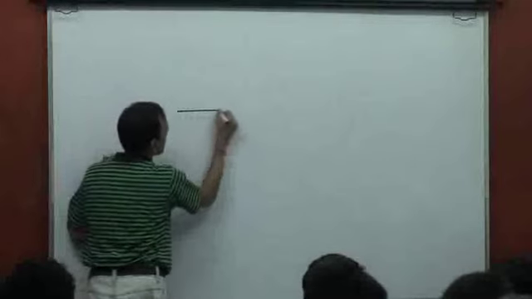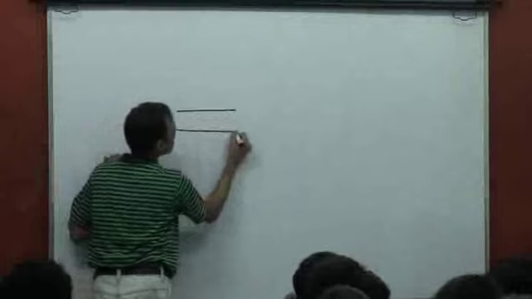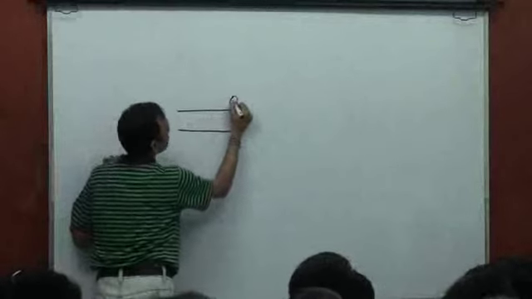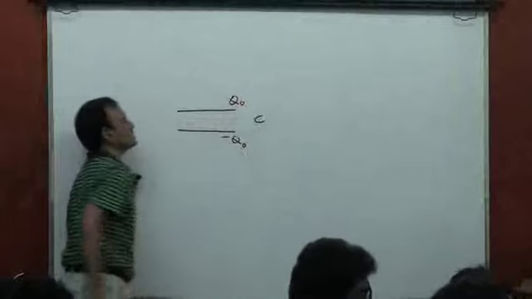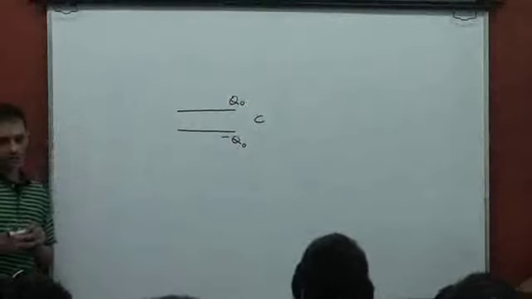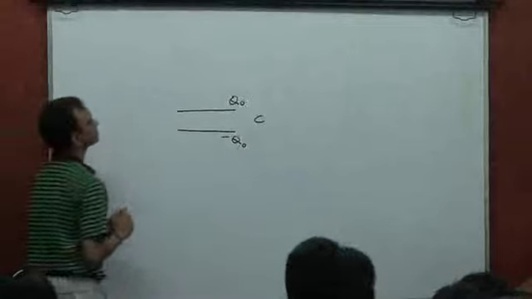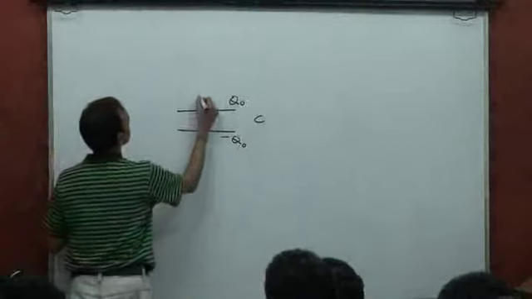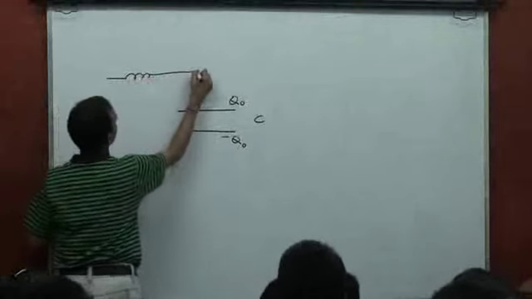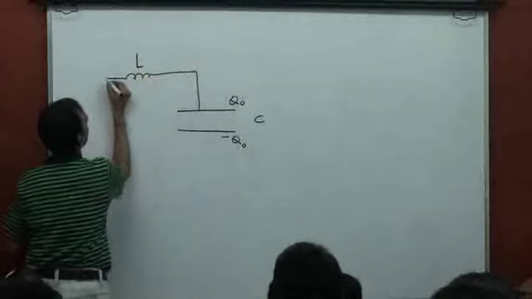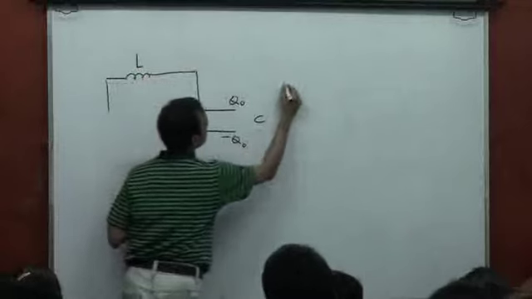So we now have a pre-charged capacitor, let's say with charge Q0, a capacitor C, charge Q0 minus Q0, right? And we align it electrically with an inductor L. This is at time t equal to 0.